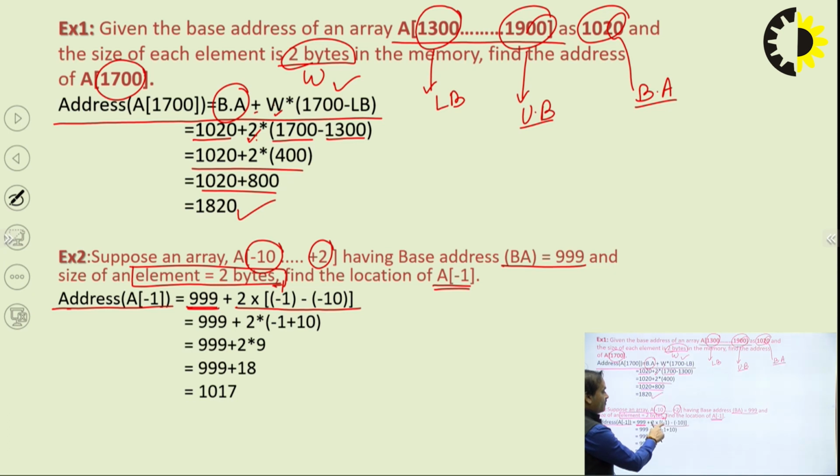The value of I is -1 and the lower bound is -10. So 999 plus 2 times (-1 plus 10). -1 plus 10 gives 9, and now 999 plus 18 is 1017. This is the address of the element at position -1. By using this concept, we can calculate the address of any element in the given array.